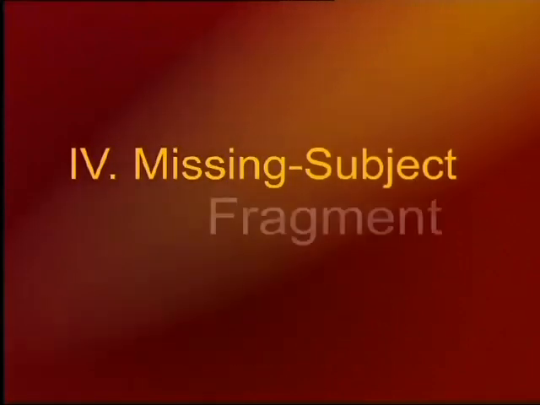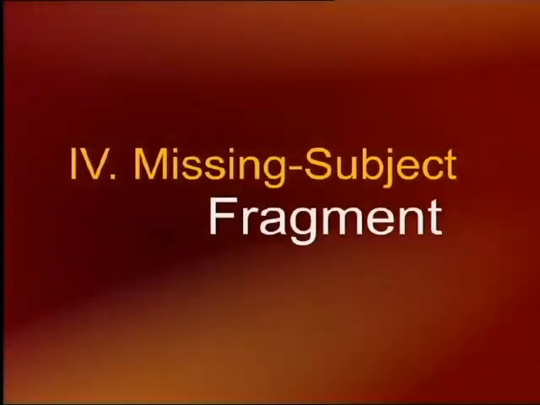And the fourth kind of fragment is the missing subject fragment. This is a fragment in which there is no subject. Some word groups are fragments because while they do have a verb, they lack a subject.